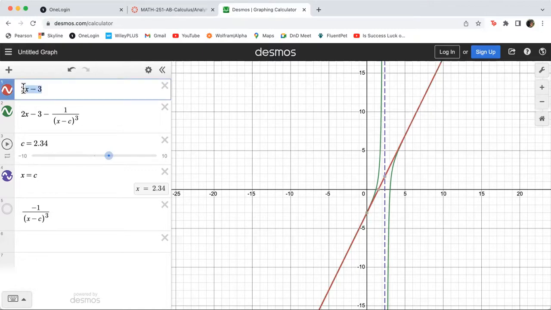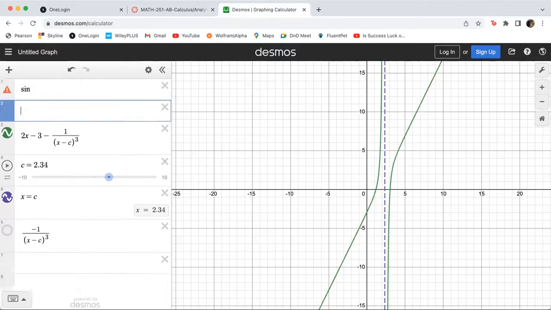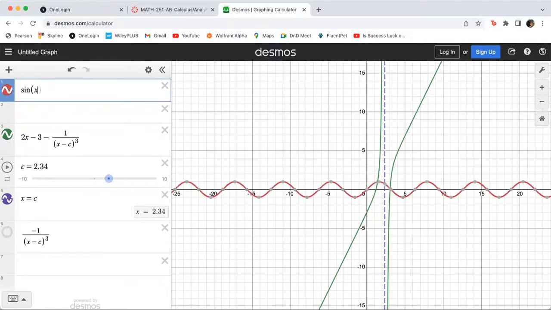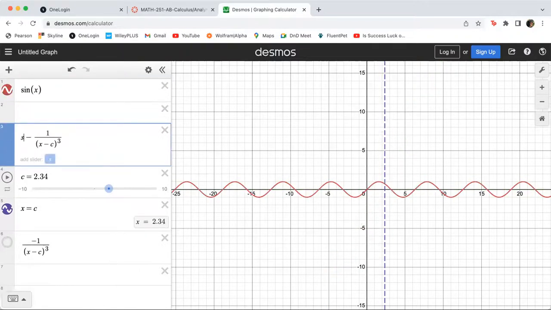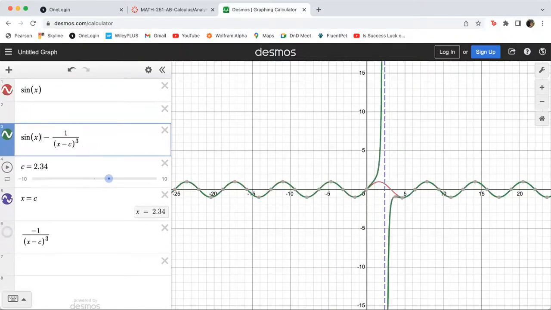Note also, this is not just particular to polynomial functions. Here I have a function sine of x plus or minus 1 over (x minus c) cubed.